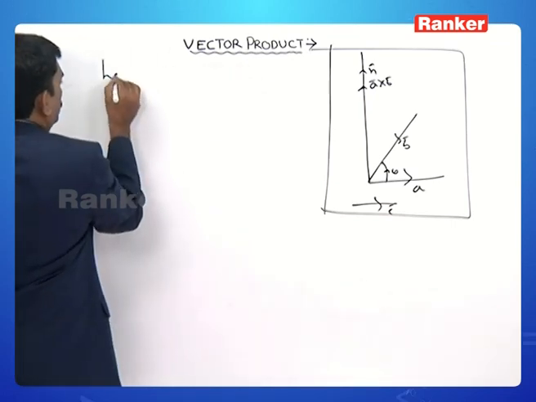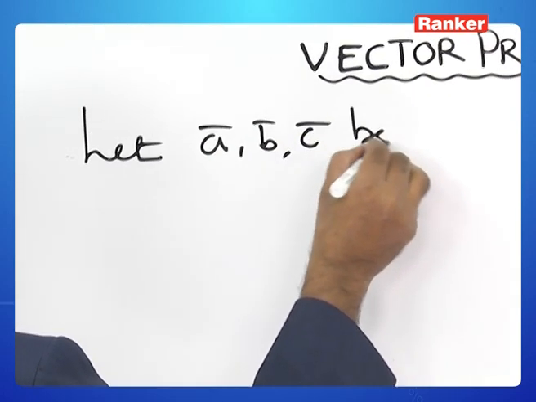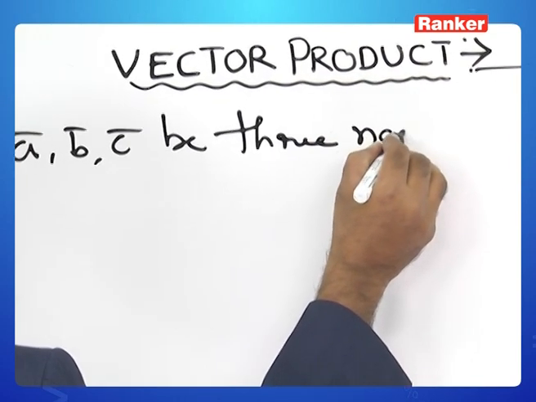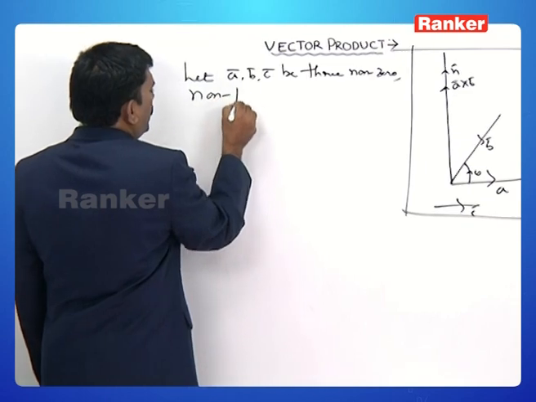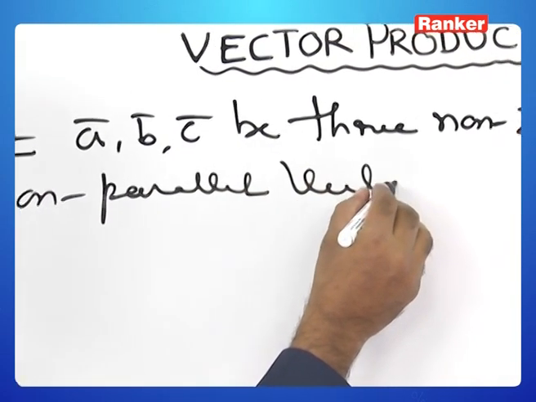Now by definition I start. Let A bar, B bar, C bar be three non-zero, non-parallel vectors.